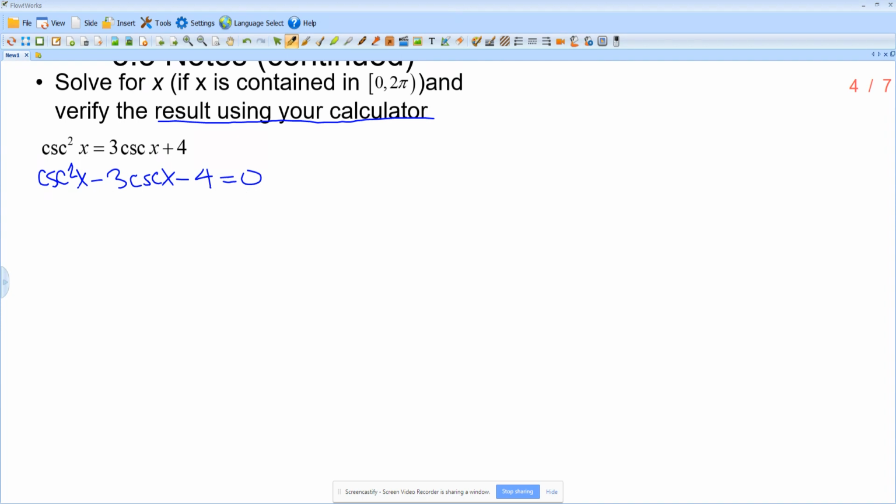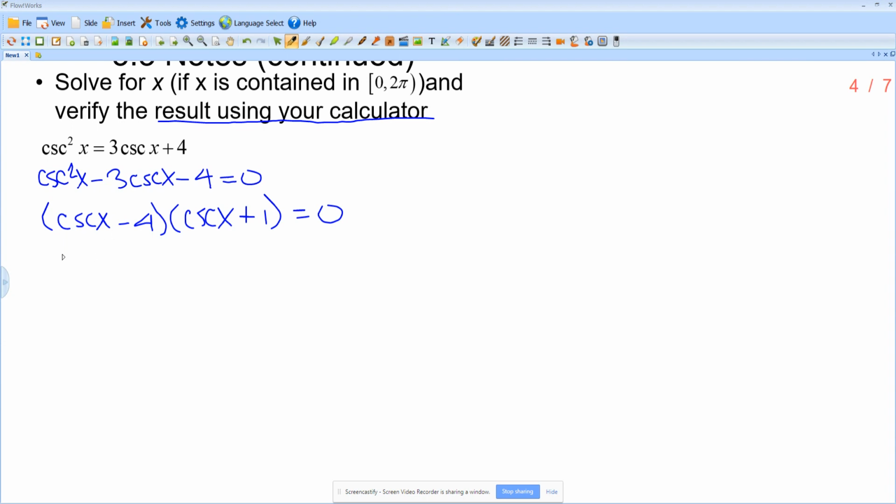And the reason I moved it over there is that now I'm going to be able to factor this. Again, just think of it as x squared and x. I would have cosecant x minus 4, cosecant x plus 1 equals 0.